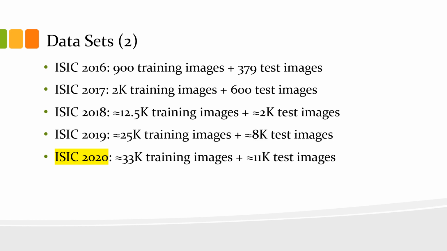Now in 2020, the ISIC challenge dataset includes 33,000 training images. That's a massive improvement. These datasets are very important because they have extensive ground truth. They're large enough to permit deep learning tasks. So they are very important for the future of the domain.